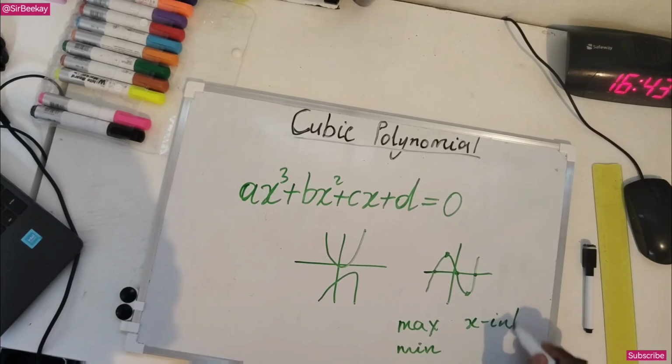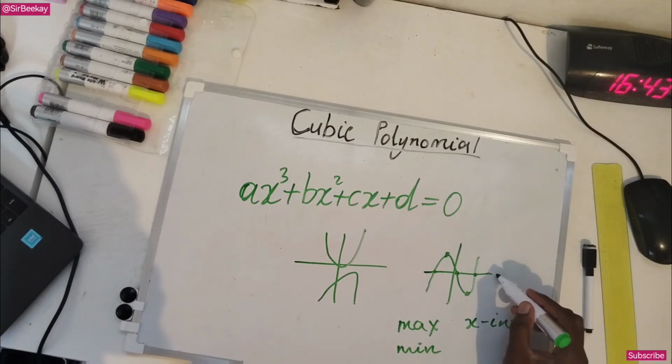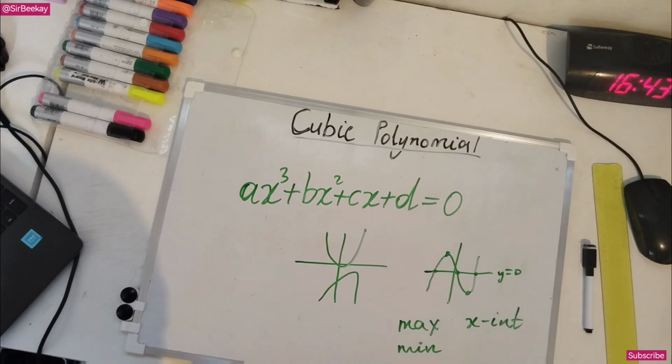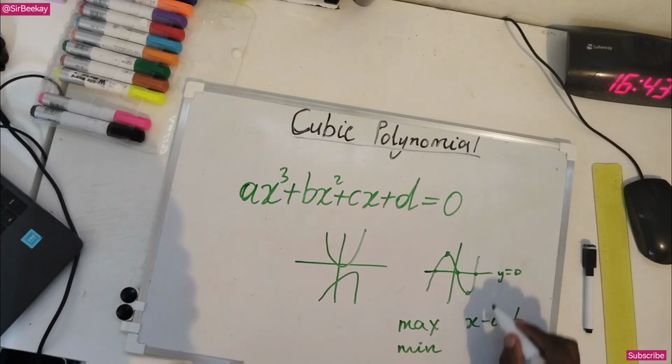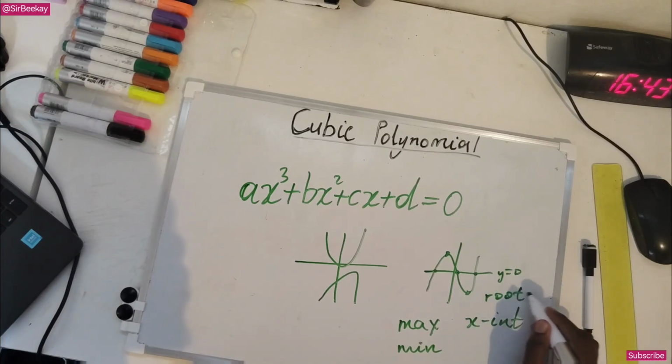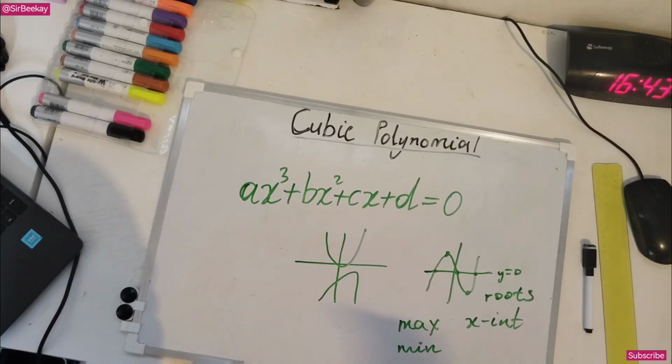We know if a graph touches the x-axis, at the x-axis y is equal to 0 over here, and y is equal to 0 over here. So if y is 0 there and there's an existing x-intercept, that is our roots. Our roots are simply just our x-intercepts.